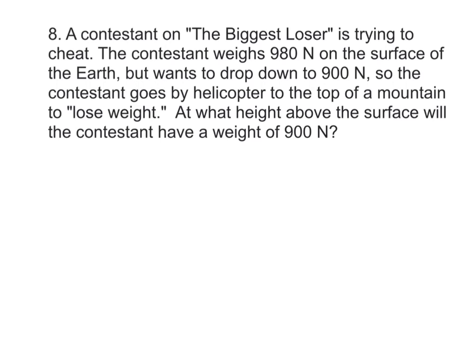So, just to draw this out, you've got the contestant for The Biggest Loser standing on the ground, and then that same person goes to the top of a mountain.